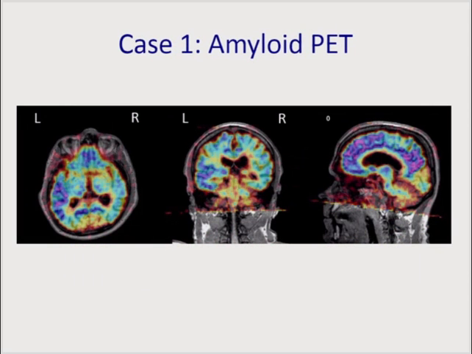Here's his amyloid PET. I don't show you the SUVR values in this particular case, but you can take my word for it that this is a very, very elevated amyloid burden. In many different cortical heteromodal association areas, you see elevated signal. It's slightly asymmetric. This may have something to do with the stroke that we saw before, perhaps not.